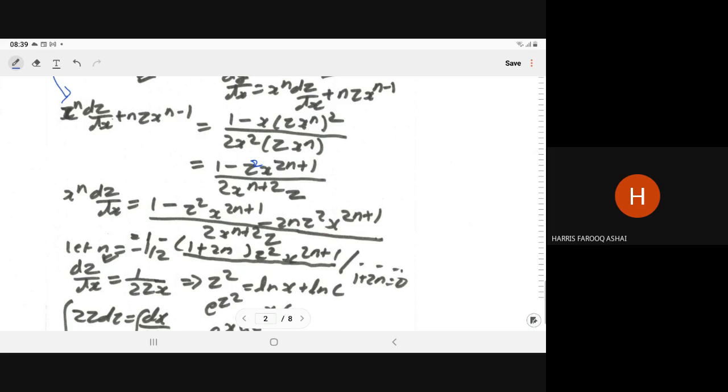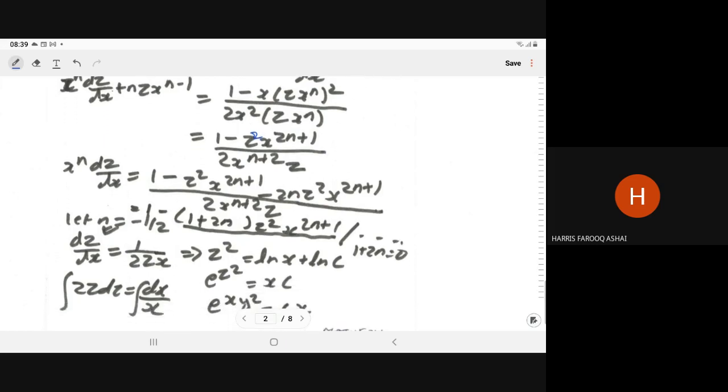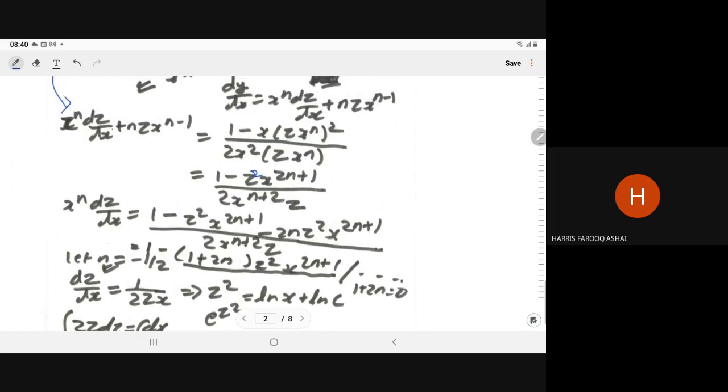So it can be written as x to power n dz by dx is equal to 1 minus z square x to power 2n plus 1 minus 2n into z square into x to power 2n plus 1 upon 2x to power n plus 2 into z. If you take this expression on the left hand side and then take the integration, you will get this expression.